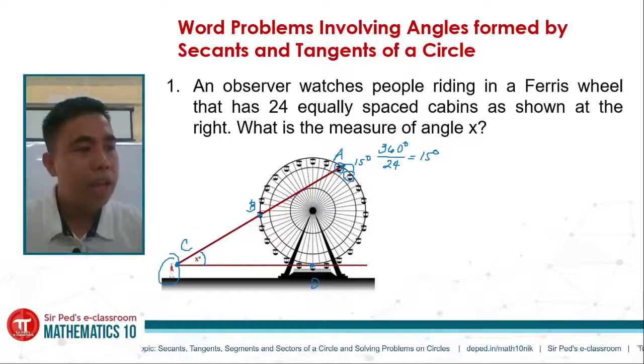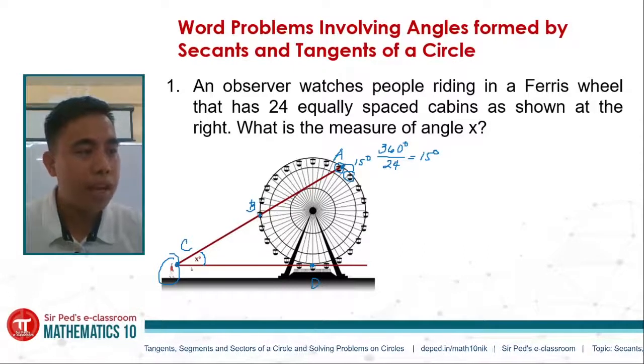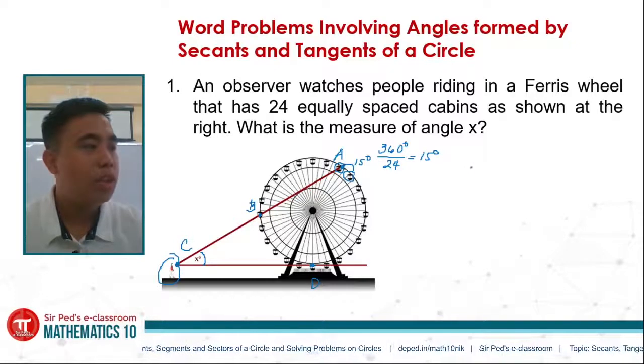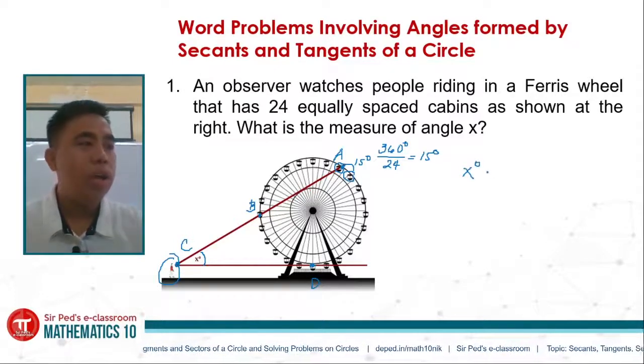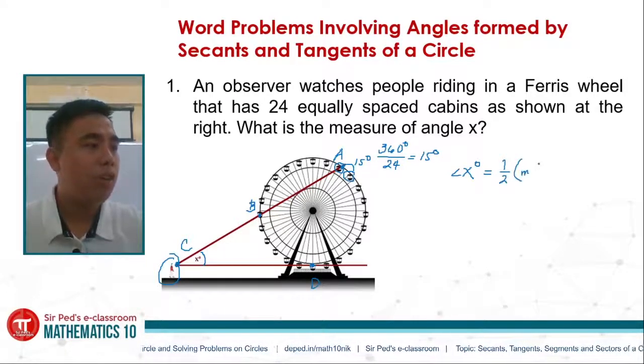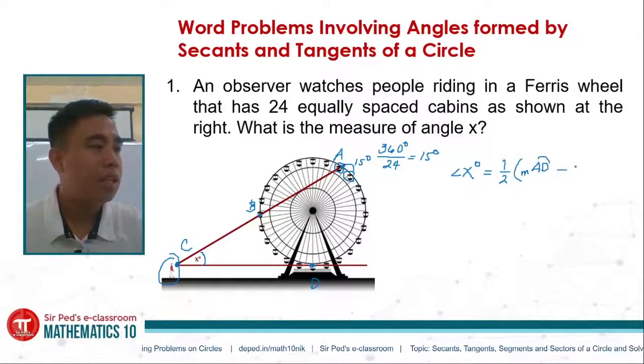Now, the angle is formed by a secant and a tangent. So, angle X is equal to 1/2 the measure of arc AD minus the measure of arc BD.